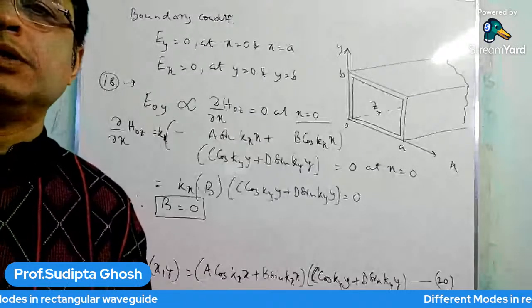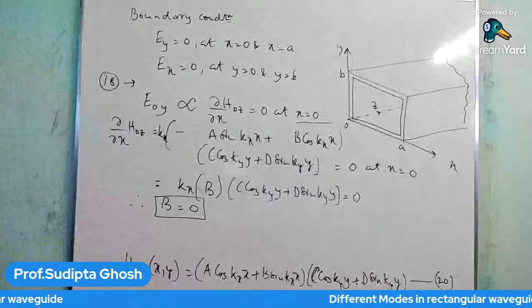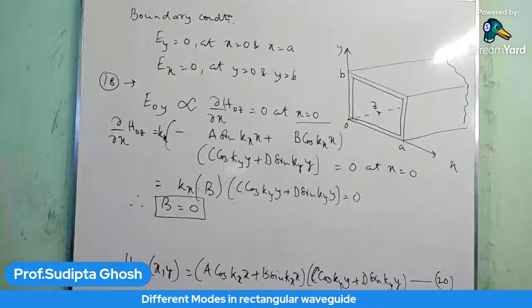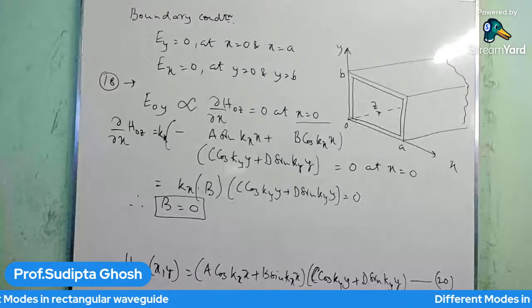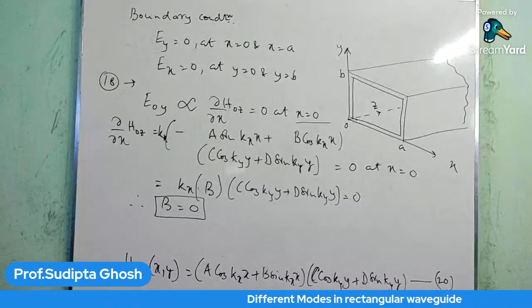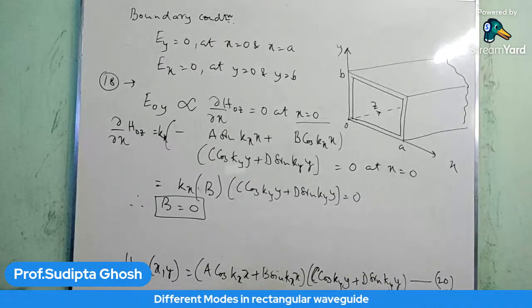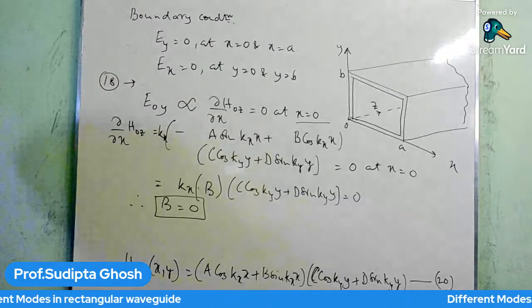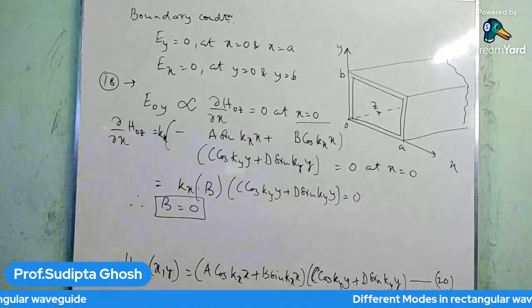Okay. So now one constant b vanishes. Equation 20 gets reduced. Now let's move on to equation number 17. Just by considering equation 17, we have that EOX.